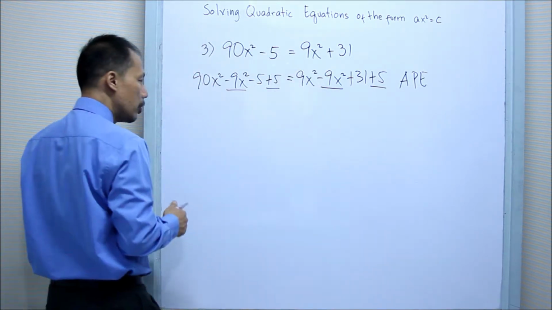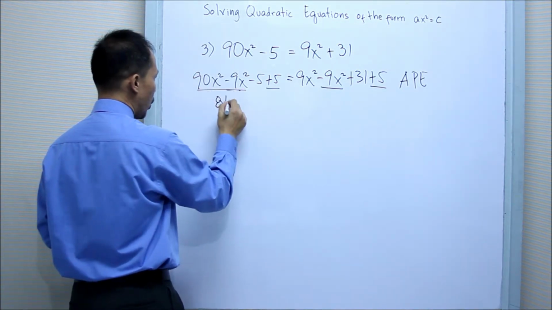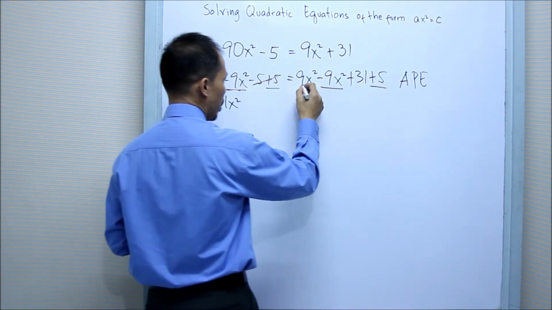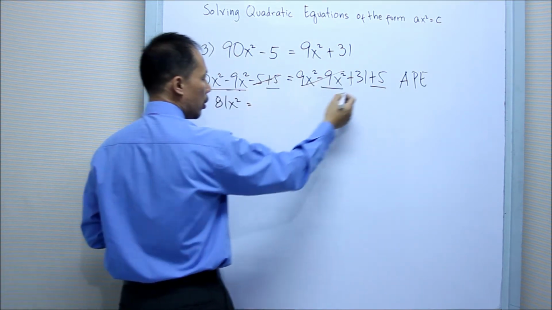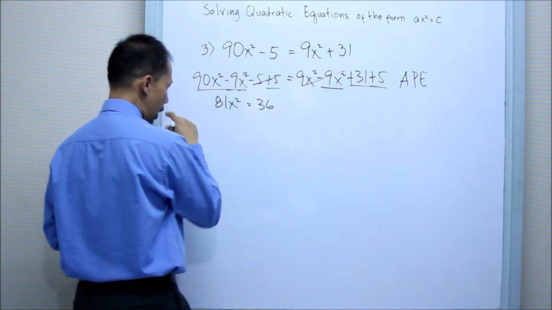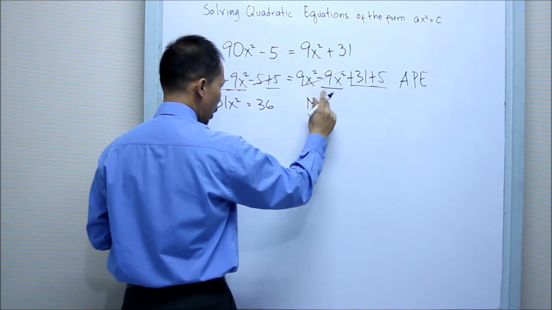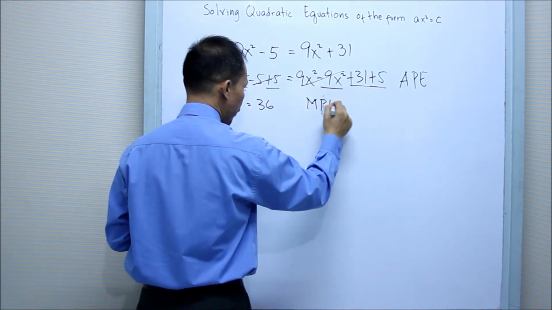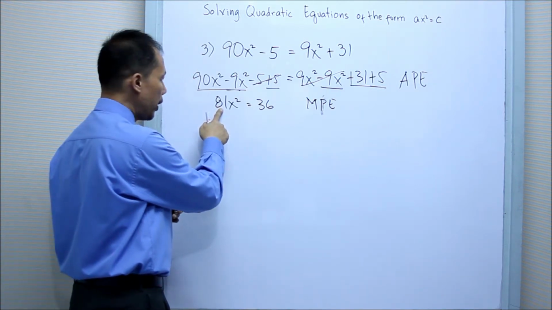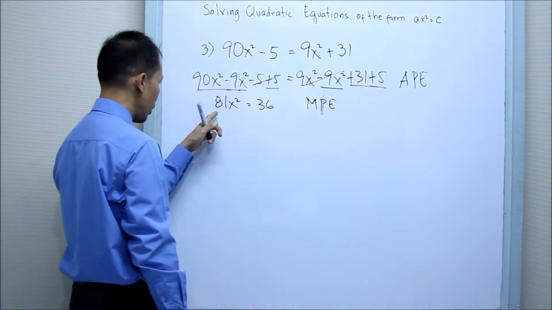I have used the additive inverse of negative 5 and 9x squared. So by combining like terms, this will be 81x squared, and this will become 0. And this will become 0 also. And the sum will be 36. Now, using the multiplication property of equality, I will now get the reciprocal or the multiplicative inverse of the numerical coefficient of the quadratic term.